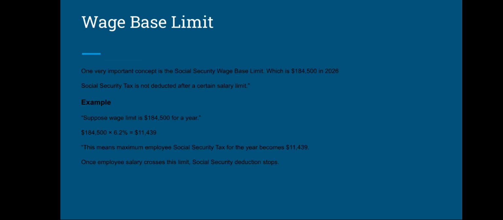So we'll discuss the wage base limit as well. There is a wage limit up to which the Social Security tax will be deducted. If we talk about it in the terms mentioned in this PDF, this is one very important concept, the Social Security wage base limit, which is 184,500 in 2026.